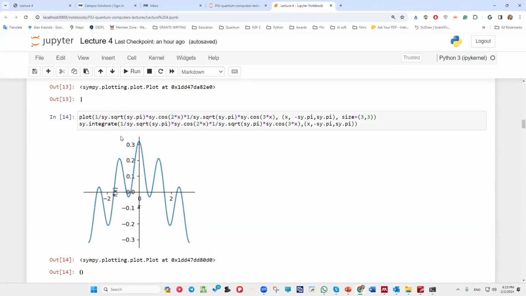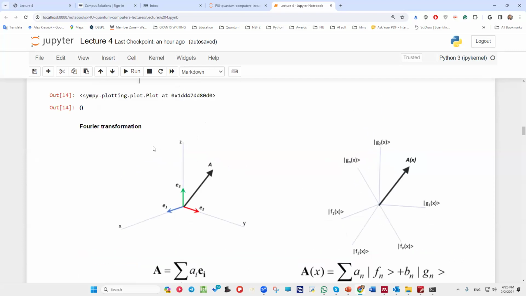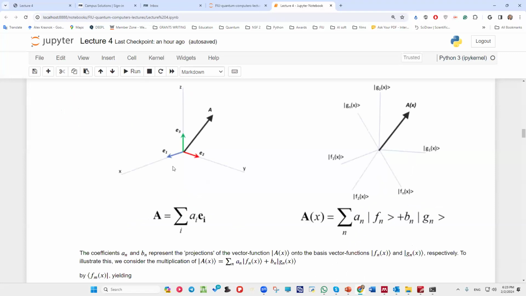One typical example of a basis is sine and cosine functions, and the corresponding transformation of a function by this set of cosine and sine functions is known as the Fourier transform. This very well known, famous Fourier transform that we use every day, actually. So this is a very important concept.